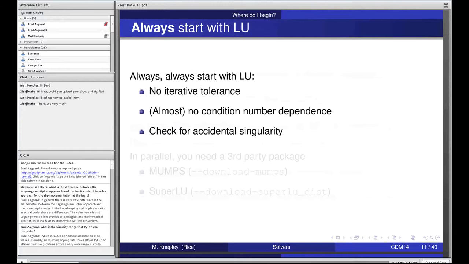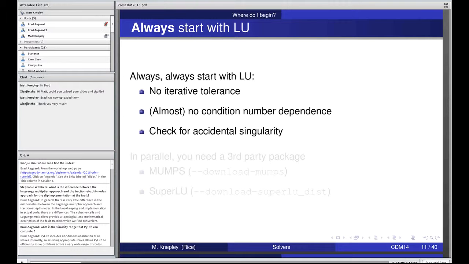So now I want to talk about how I would actually go about dealing with a solver when you have to do science. So always start with a direct solver. Why? Because you should always be starting with a problem that is small enough that a direct solver can solve it, just so you know what you're doing.